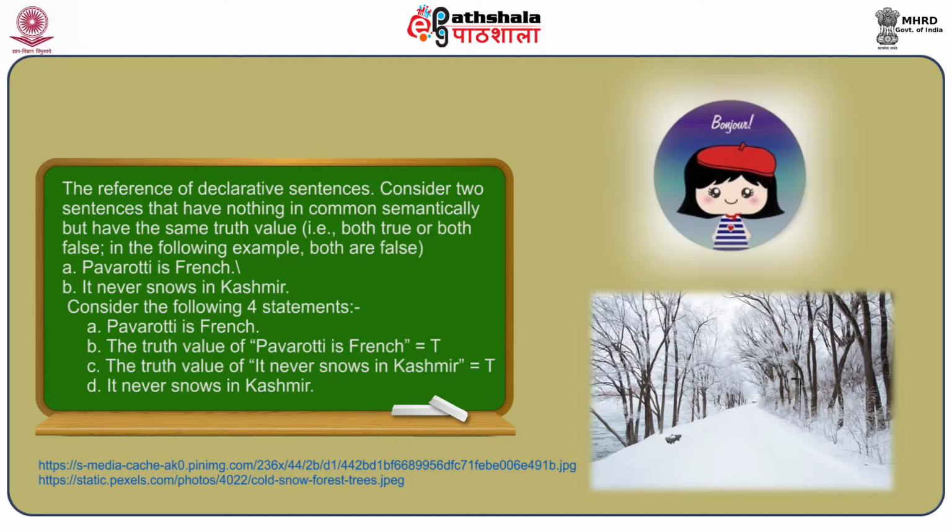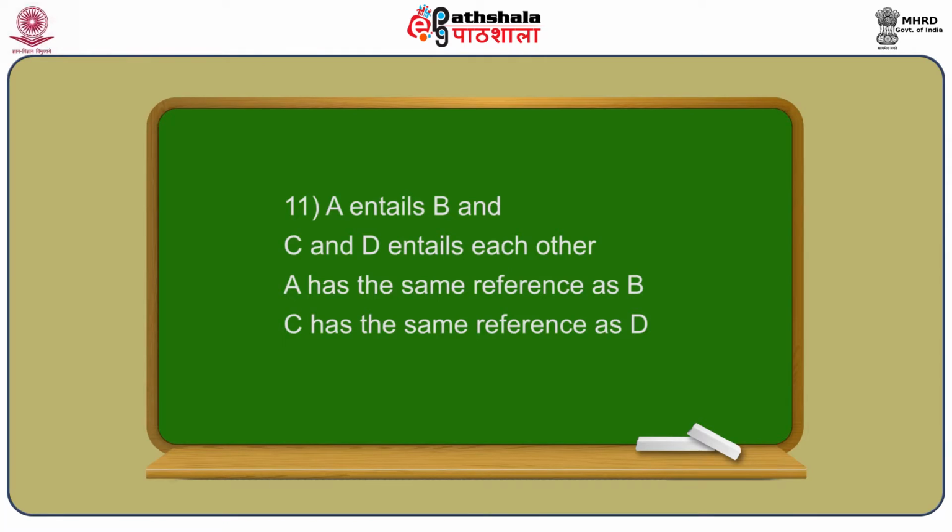C, the truth value of the sentence it never snows in Kashmir is T, and D, it never snows in Kashmir. So we are using uppercase T and uppercase F for true and false, and we all know T is not equal to F. Okay? Now, you can convince yourself that 11A and 11B entail each other.